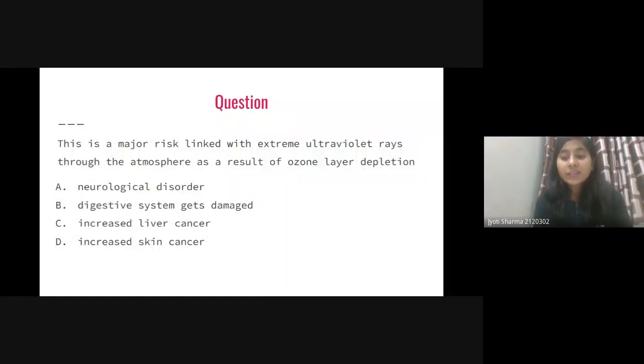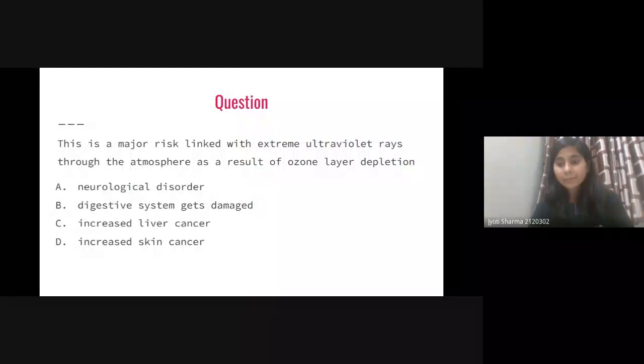Right now we are using the sunscreen, right? And in that sunscreen, you have seen that there is a written SPF more than 50. So what do you mean by SPF? Have you noted, whenever you are buying some sunscreen, there is a written SPF, and SPF more than 50 or more than 25.